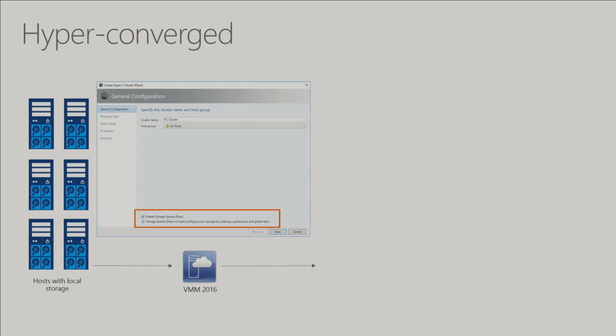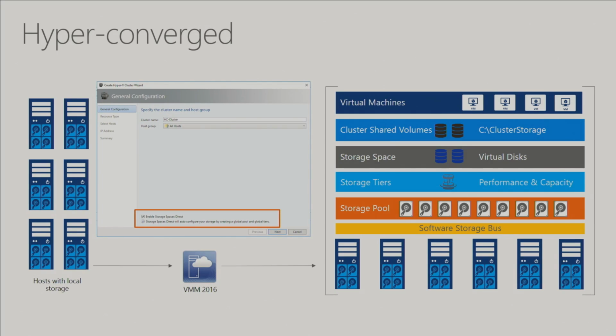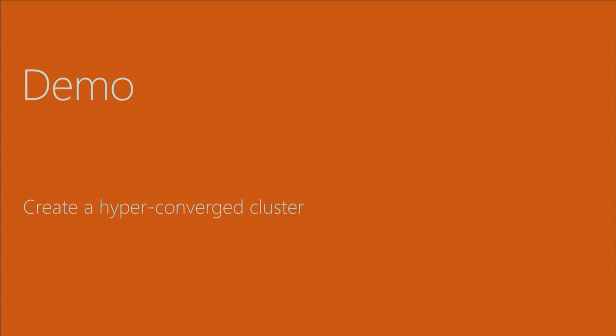Now you use the regular Hyper-V cluster creation wizard. Again, check a checkbox, and you will get a hyperconverged cluster. The thing that you will notice here is that on top of cluster shared volumes, you also see the VM. So the same cluster is going to run the virtual machines also. Let's take a quick look at this demo.